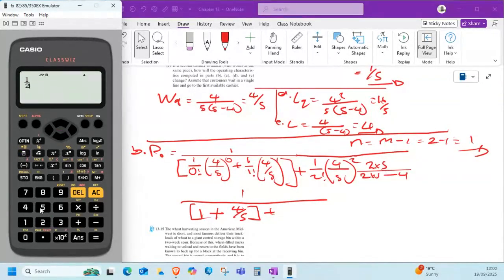1 over 2 factorial, open bracket 4 over 5, the square, yes, times 2 times 5. 2 times 5 minus 4. Okay.